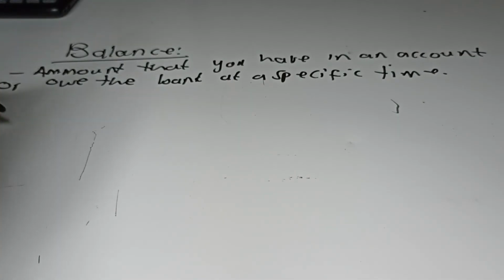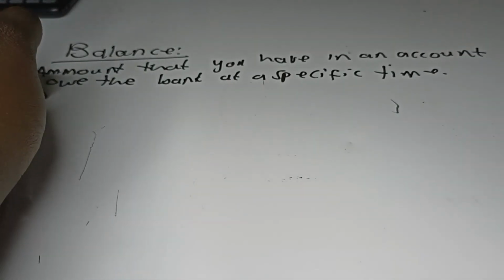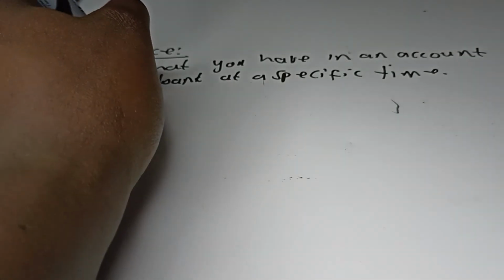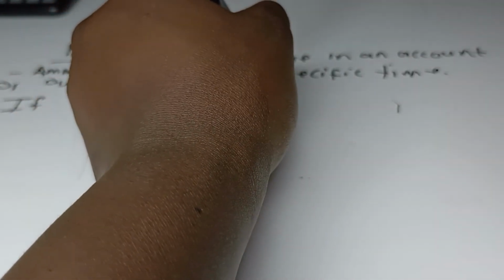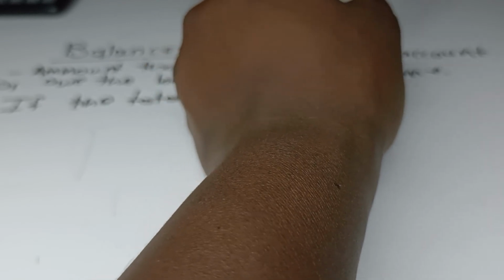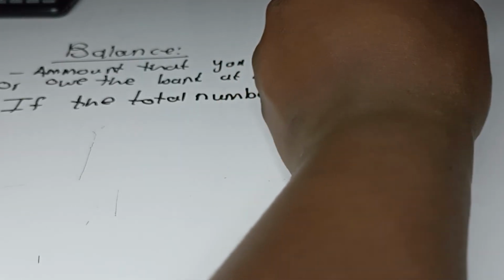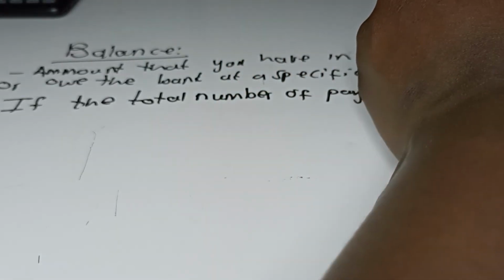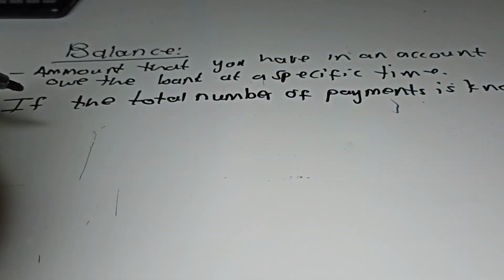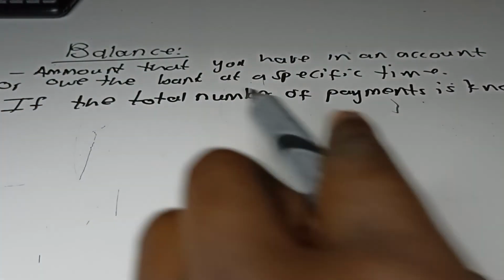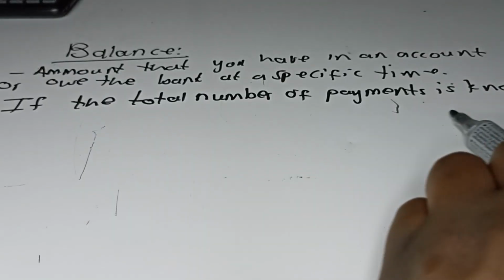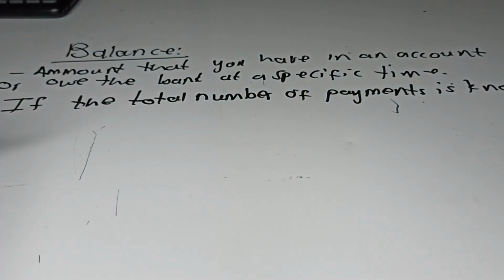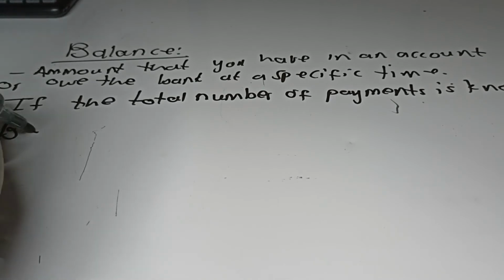Number one, it is when the total number of payments is known. You have to note this down. If the total number of payments is known, then you have to use the following formula to calculate the balance.